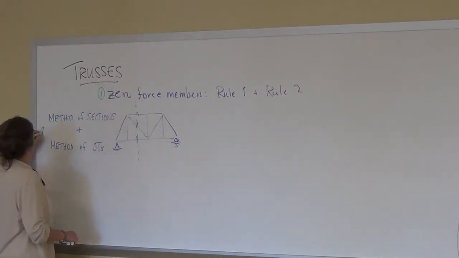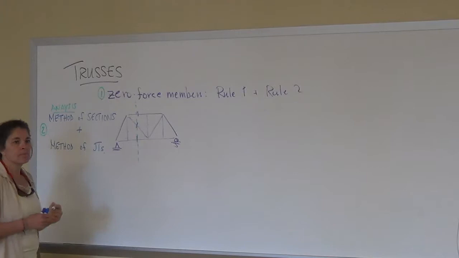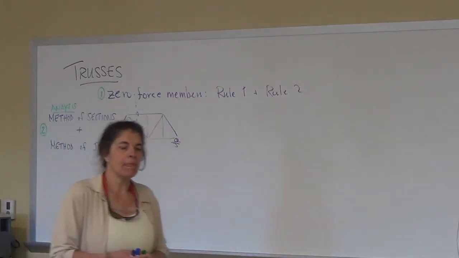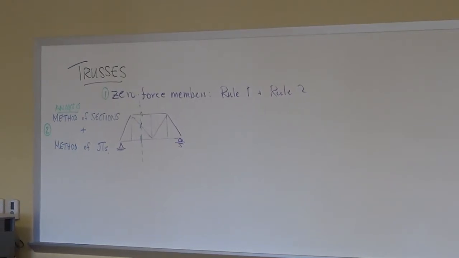The second thing you want to do is define which method of analysis you want to use. So remember, whenever we approach statics problems, we're looking at the given information and the find, right? And in the given information, they're going to tell you which members they want you to find. If they ask you for all of them, well, then find the reactions at both supports.